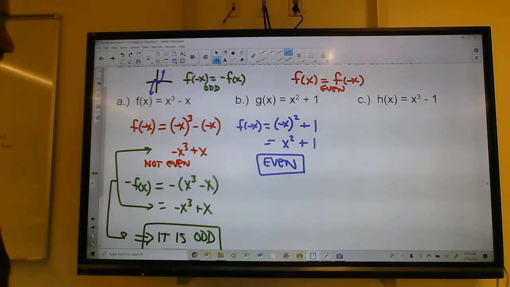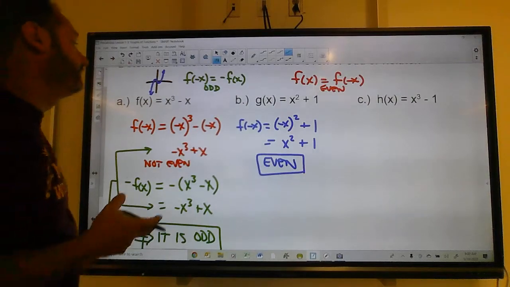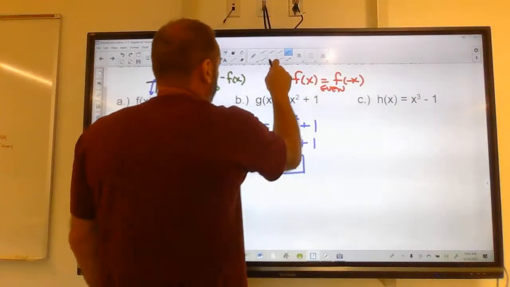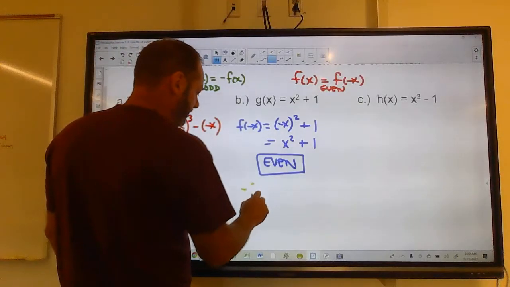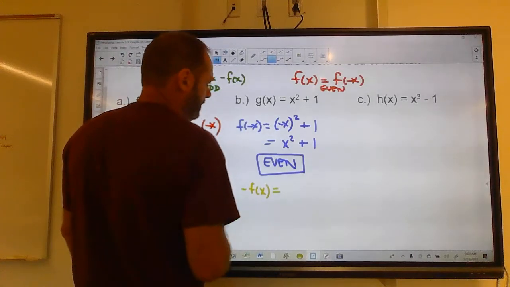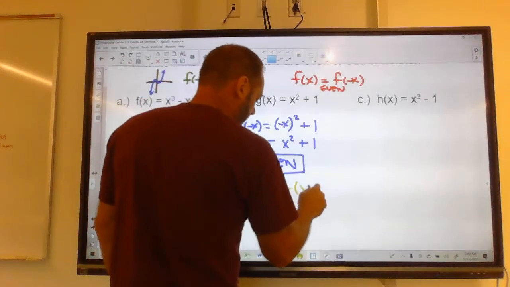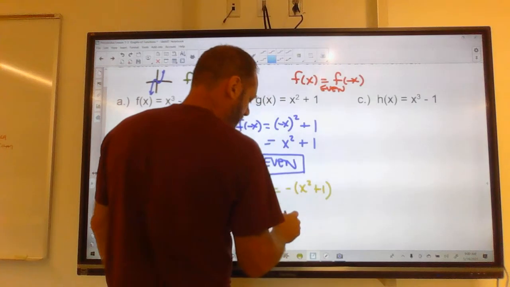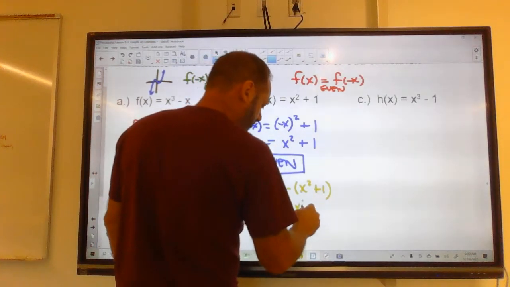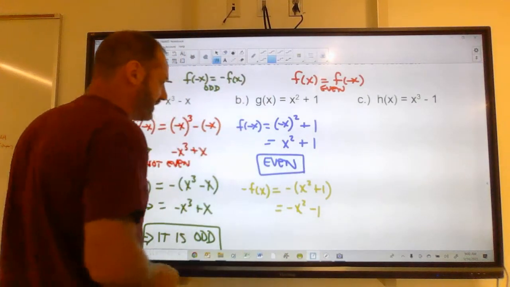Now I suppose it could be both even and odd, so you should check that. All right, so go ahead and find negative f of x. So that would be negative x squared plus 1, which would be negative x squared minus 1, which is not equal to this, so that's not odd.